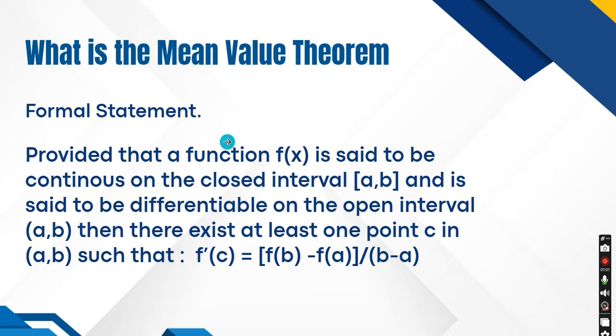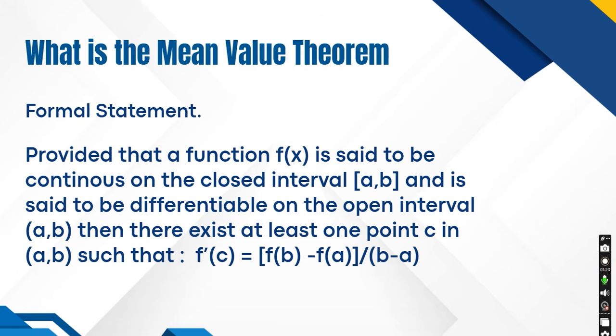So this is the statement of the mean value theorem, and you need to know this, because if you are to solve any problem related to the mean value theorem for theoretical exam purposes, you always need to have the statement at hand, because I believe your marking guide should come first with the mean value theorem formal statement.